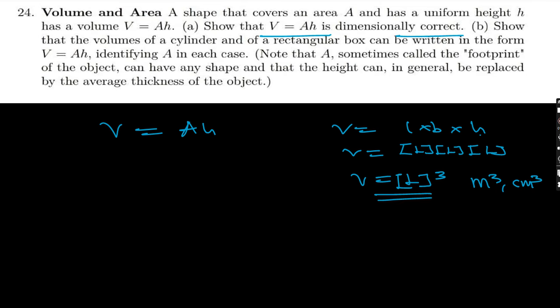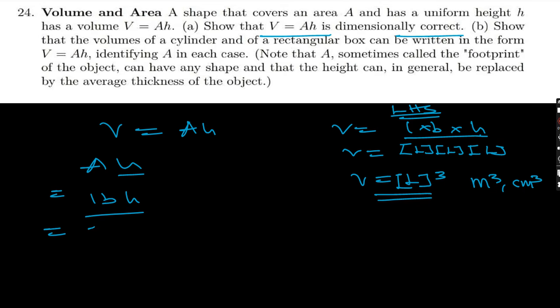So now we have done the left hand side. Let's go ahead and do the right hand side. Let's find the dimensions of area times height. Area is given by L B, then height is h. Can't you see that this and this are the same?